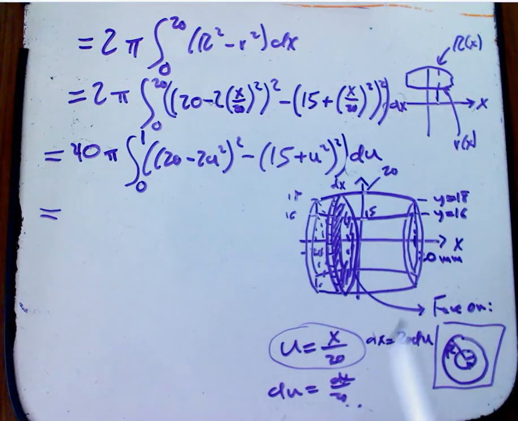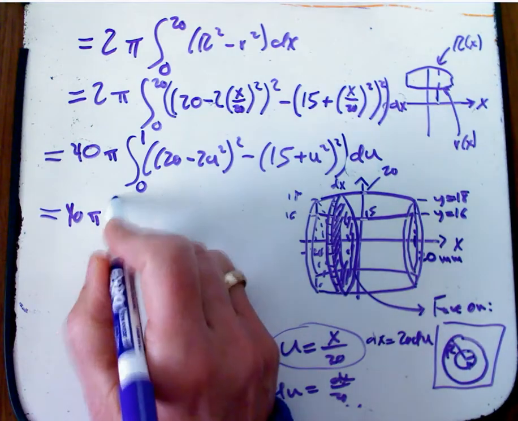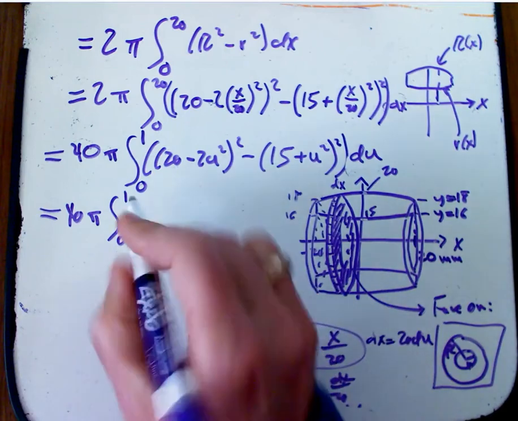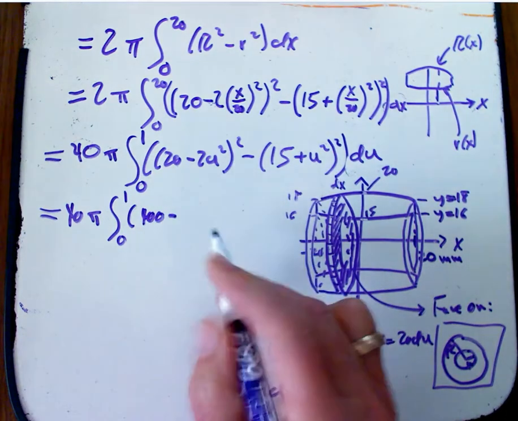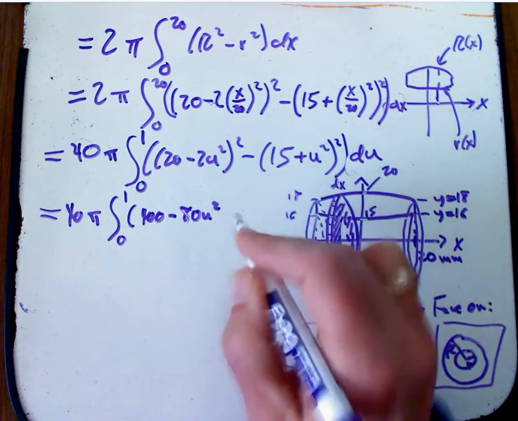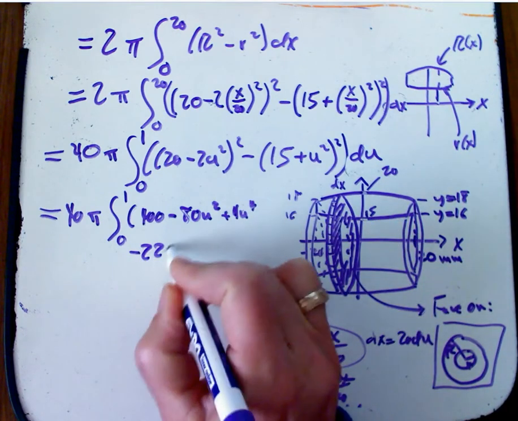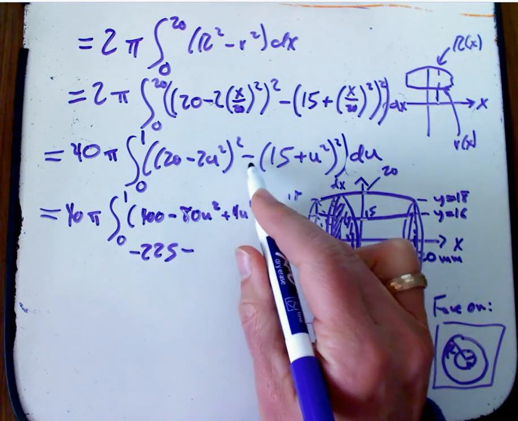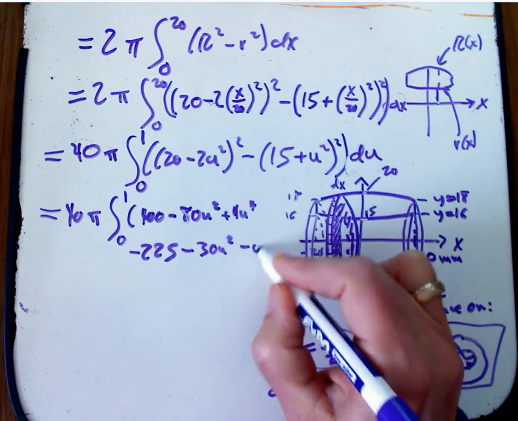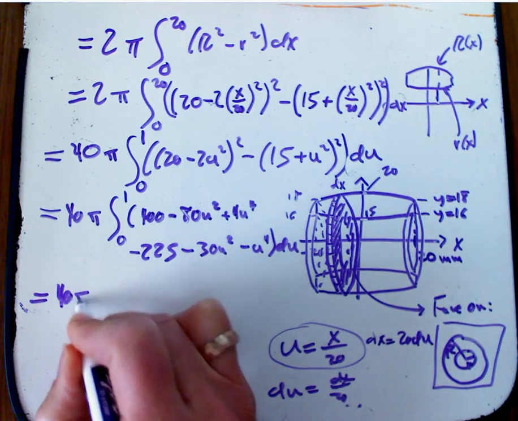Okay, groovy. And so now the rest of it's not super interesting, but we just have to work out the algebra. So we're going to get 400 minus 2 times 20 times 2 minus 80 u squared plus 4u to the 4th, minus 225 minus, this minus is going to distribute, watch out for that, 30u squared, and then minus another u to the 4th, all du, 40 pi.